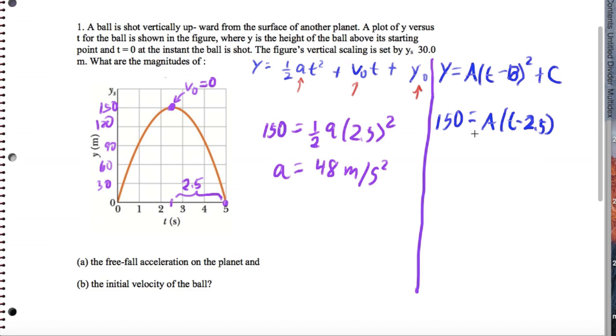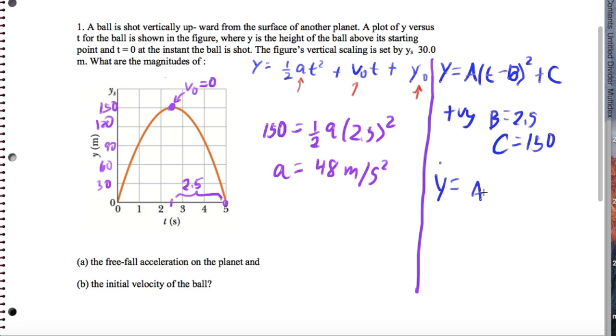Let me say it one more time in a better way: try B is 2.5 and C is 150. Why? Because it gives us a convenient answer. If we let B equal 2.5, then when C is 150, y is 150, and we're good.